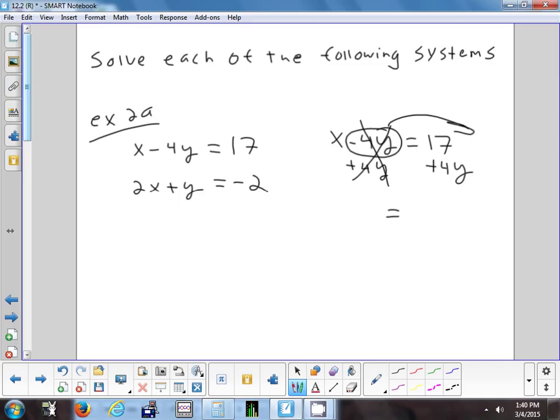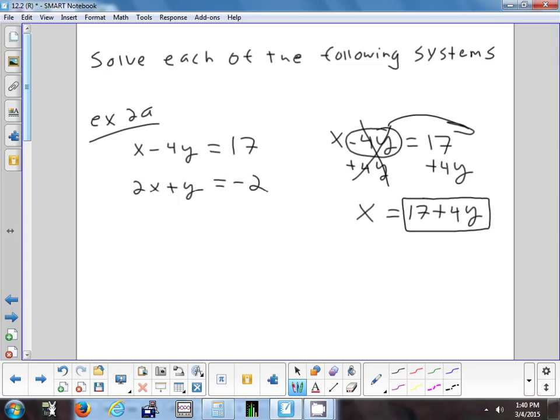What's on the left side now? X. X equals, what's on the right side? 17 plus 4y. Good. Guys, understand that this isn't slope intercept anymore, so it doesn't have to follow any particular order. As long as the x or the y is by itself on the left-hand side, you're fine. The x doesn't have to be in a certain spot. It's any order you want.